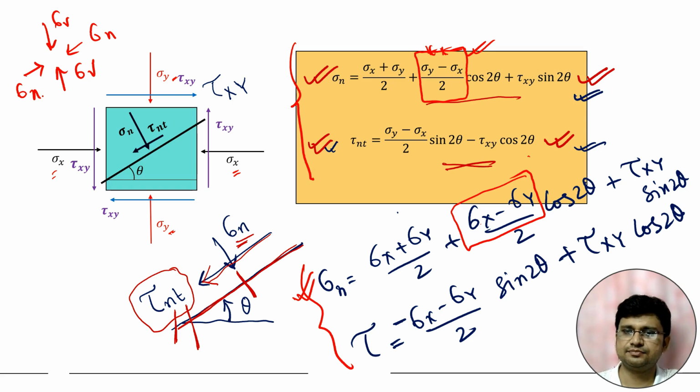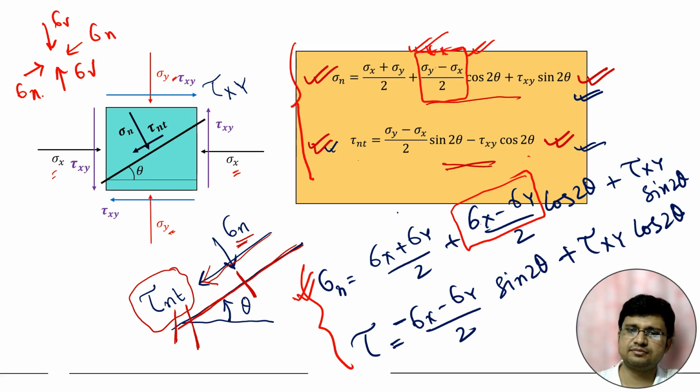You have to remember this: for geotechnical engineering problems, sigma y will be greater than sigma x, because for most real life problems, horizontal stress is a little bit less than the vertical stress. Not for all cases, but for most cases. For that reason, sigma y minus sigma x is considered.